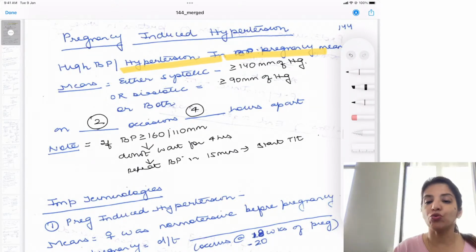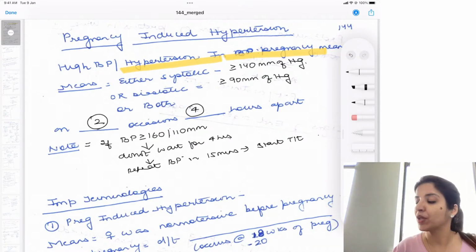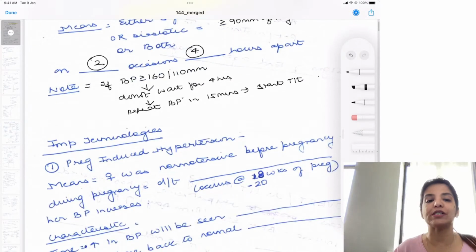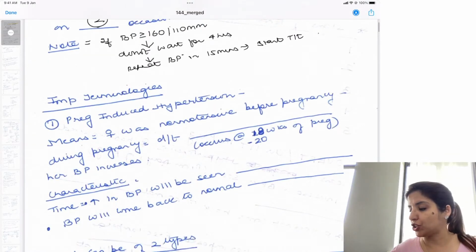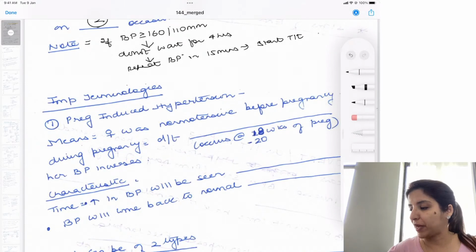Now once you know that your patient has hypertension, then you need to know what type of hypertension she is having, whether she's having pregnancy-induced hypertension, gestational hypertension, pre-eclampsia. For that, you will have to first understand the various terminologies, in which the first terminology which you have to understand is pregnancy-induced hypertension.